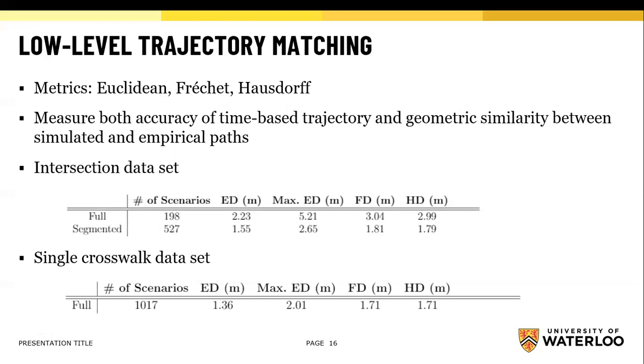So we see the results in the tables here, where for the intersection data set, we have both full and segmented scenarios. And as you can imagine, the segmented scenarios improved. It generated a lot more scenarios, and it improved each metric value considerably due to them being shorter, and also the model pedestrian getting reset to the empirical data at different points of the journey.